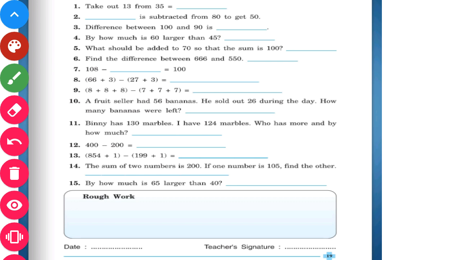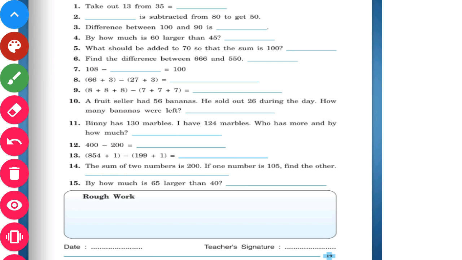Okay. So what will be our statement for this question? Number of marbles Binny has equal to, number of marbles I have equal to. Okay. And then it has been asked who has more. How will we find who has more marbles?